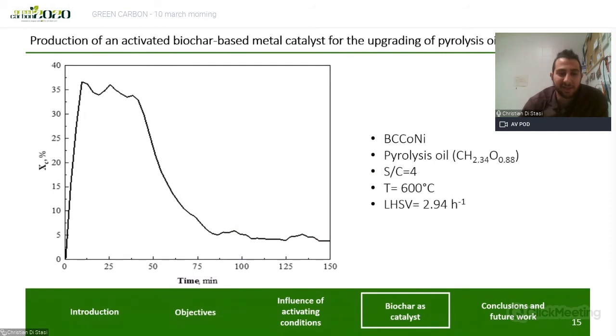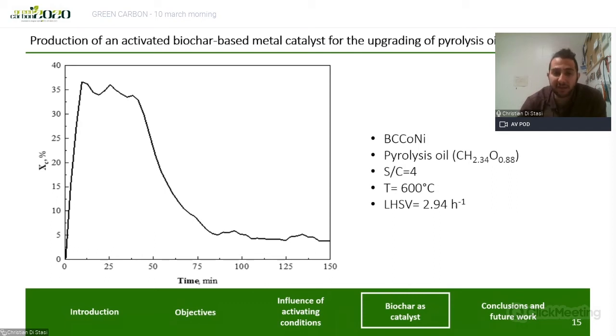These are the results obtained for the reforming of a real pyrolysis oil. As you can see, also in this case the experiment was not successful, because we could only reach 35% conversion, and the activity was completely lost after 65 minutes.